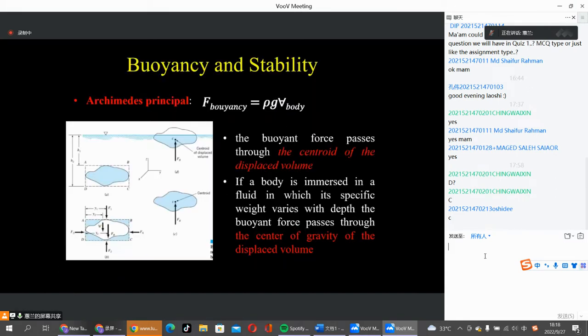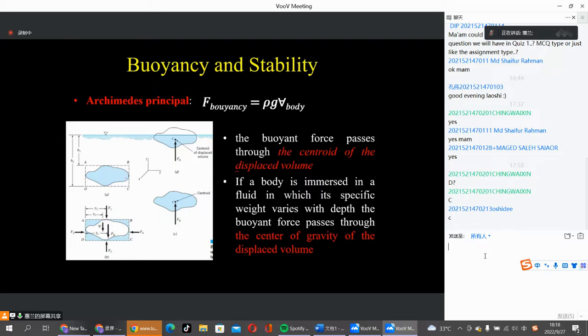So this is Archimedes' principle, and we know that if a body is immersed in a fluid in which its specific weight varies with depth, the buoyancy force passes through the center of gravity of the displaced volume. It's very important. So the buoyant force passes through the center of the displaced volume.